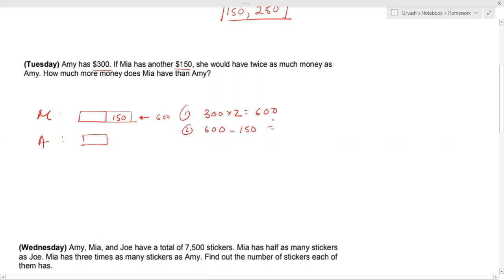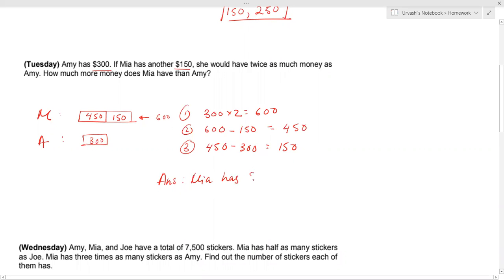And I wrote 450 on the first box of Mia's, and for Amy I just wrote 300, and then I did 450 minus 300 equals 150, and then Mia has $150 more than Amy.